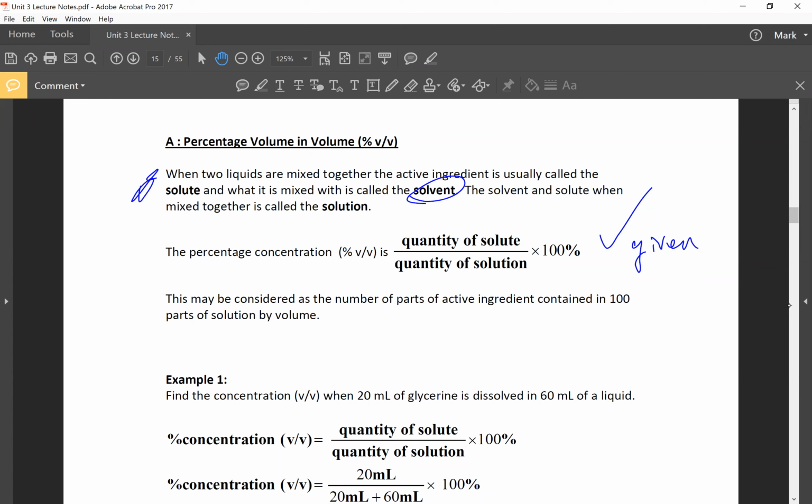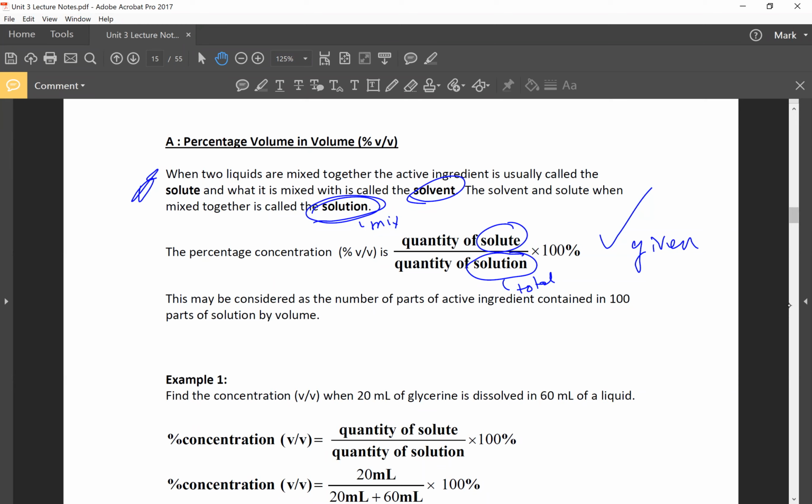We're going to take a solute, mix it together with a solvent, and together it makes the solution. And that's really important. It's always the amount of the active ingredient, the solute, over the entire solution. Again, it's always over the total.